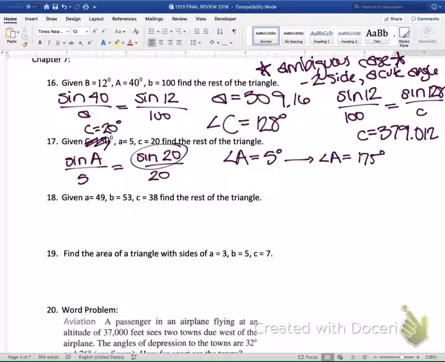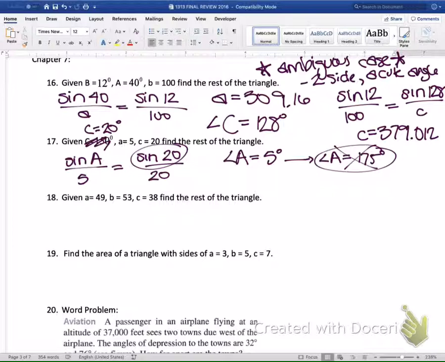Also, I already have an angle that's 20 degrees. If that one's 175, that's already over 180. Not possible, right? So that's how we check for the ambiguous case. It frequently doesn't work, and then you just finish it up with the stuff that you were given. Okay? So even if they have the option for it, sometimes it's not. But you do have to check.